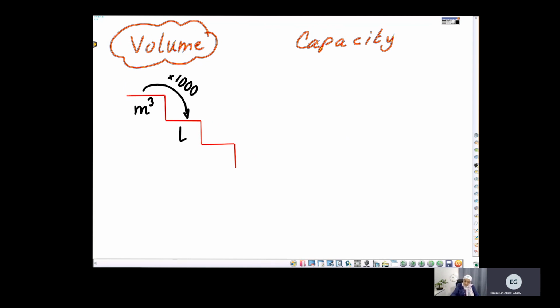So 1 liter contains 1,000 centimeter cubed. By the way, the nickname of the centimeter cubed is milliliter. Milliliter. It's 1 centimeter by 1 centimeter by 1 centimeter. Okay, I'll show you.